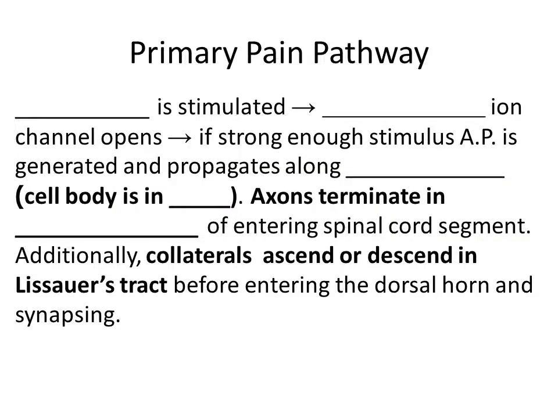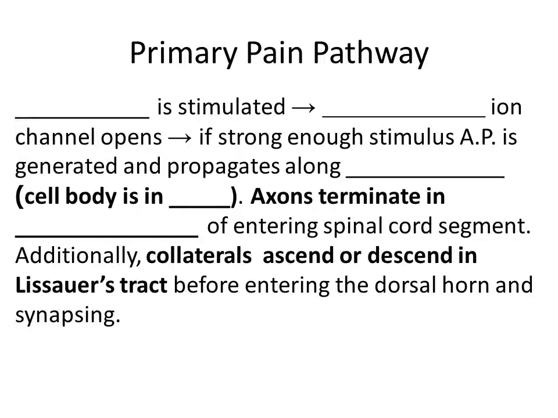Now let's fill in some blanks. I want you to try and fill in the blanks, and then I will go through the answers with you. So first we have a receptor that is stimulated. What is the name of the receptor that provides this information about pain? When you stimulate this receptor, it results in the opening of ion channels at the trigger zone.